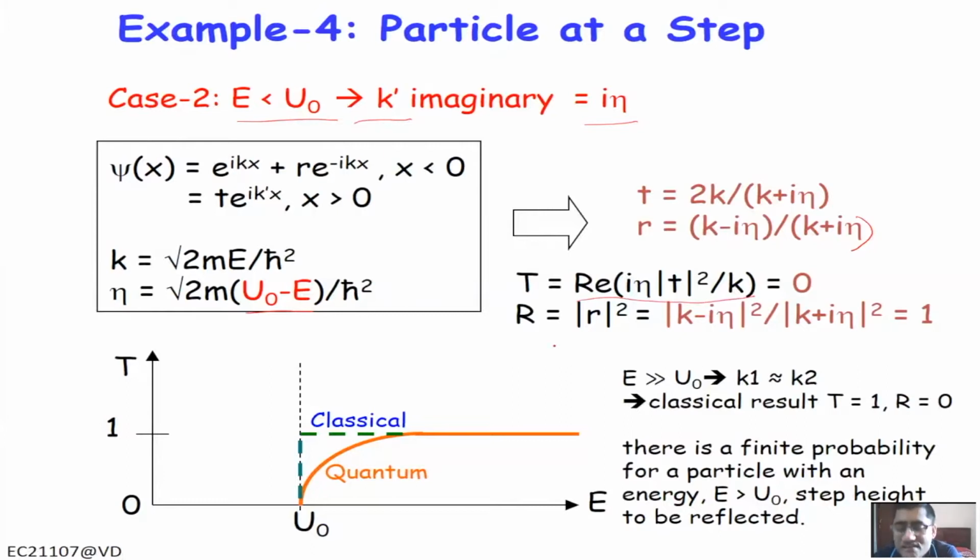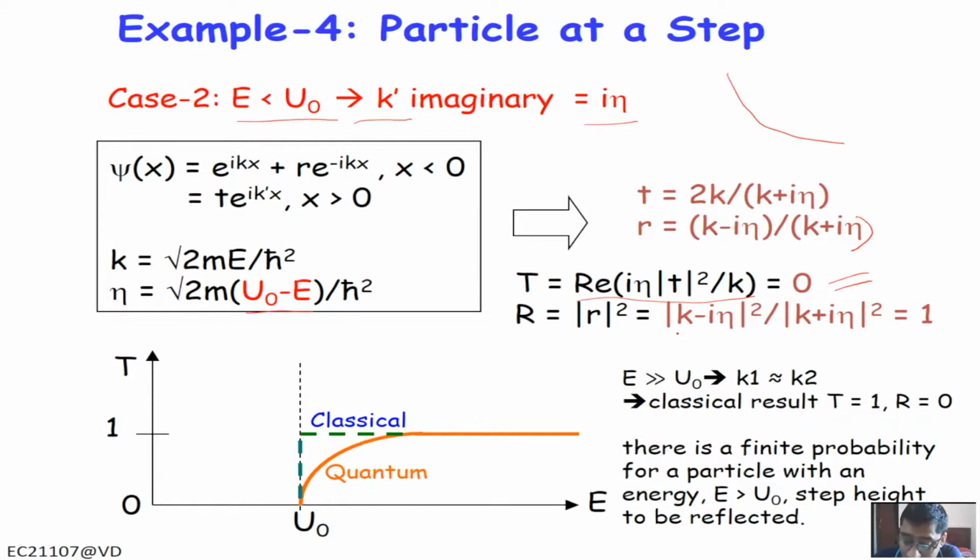What do we know about imaginary transmission? By imaginary transmission, we mean we will have a decaying wave. We will not have a traveling wave, right? So that means your transmission is 0, because you don't have an imaginary current, right? An imaginary part of current means it is just decaying, basically.